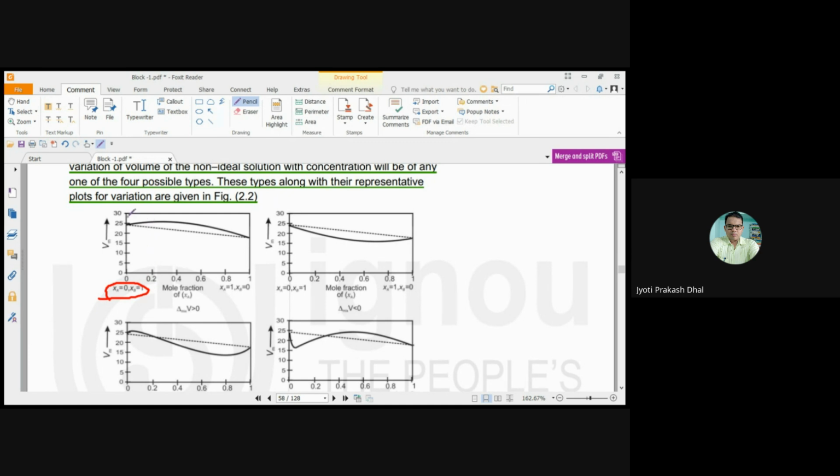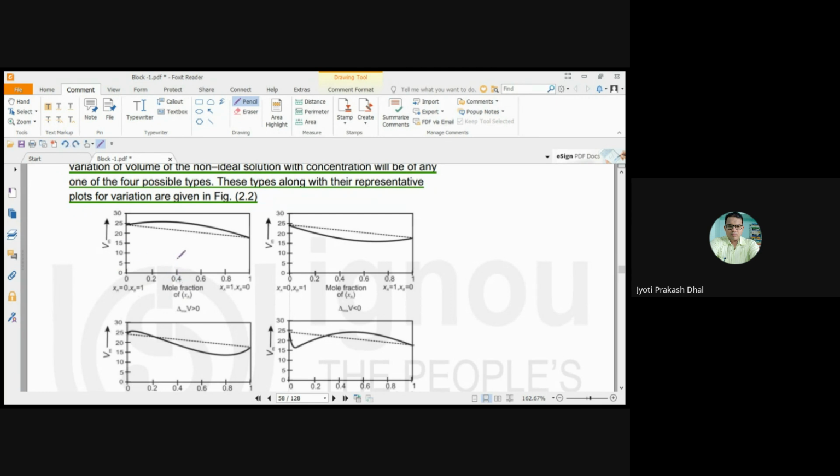That means the left-hand axis completely represents only B, and the right-hand axis represents only A. If you move from left to right, the mole fraction of A, that is χ_A, increases from 0 to 1. And suppose you take any middle point here. So this point represents the 0 point.